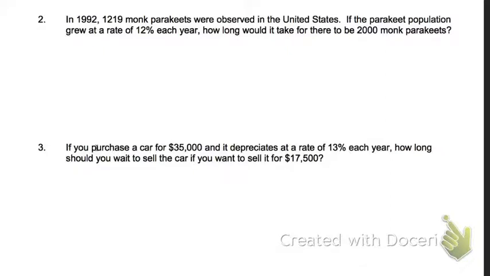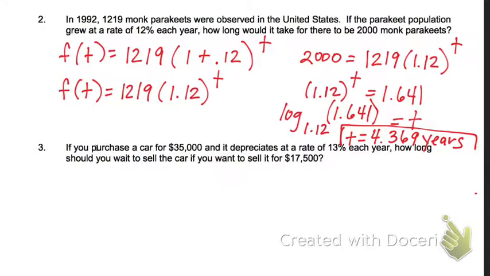I want you to try number 2. Write an exponential growth equation and then solve. So we're going to do the same steps as we did for part A and B, but instead of it being an exponential decay, it'll be an exponential growth. So 1 plus. Okay, so you start out at 1,219 monk parakeets.